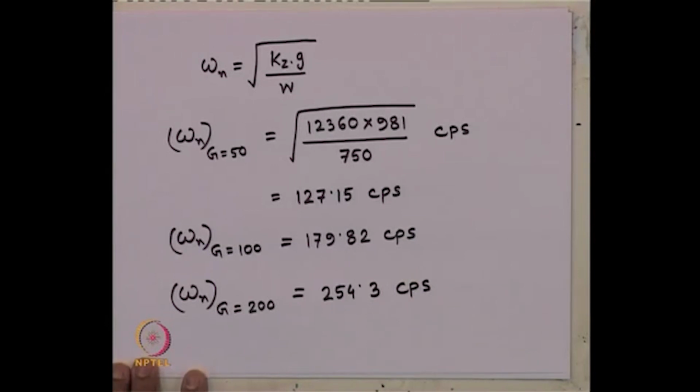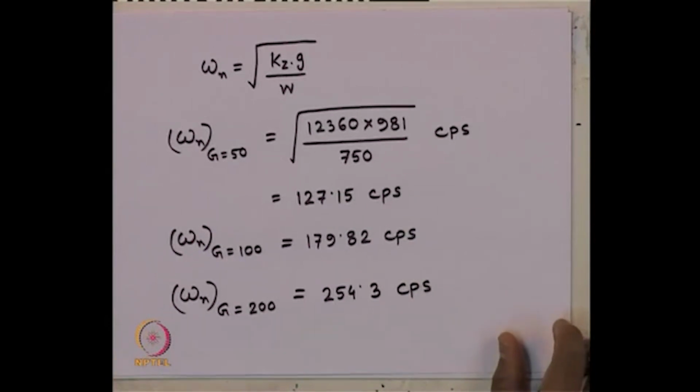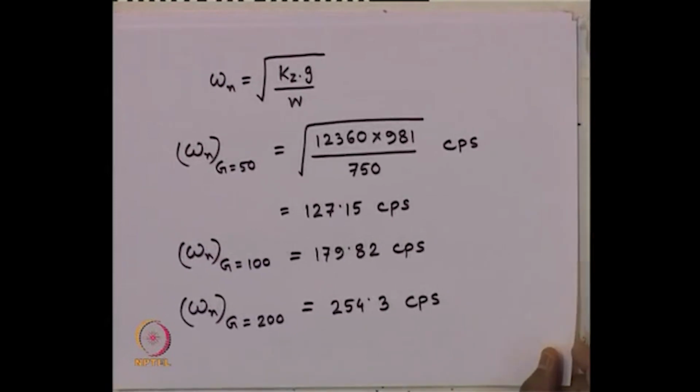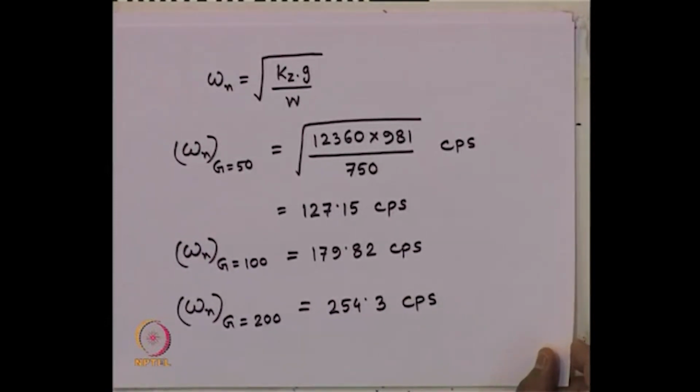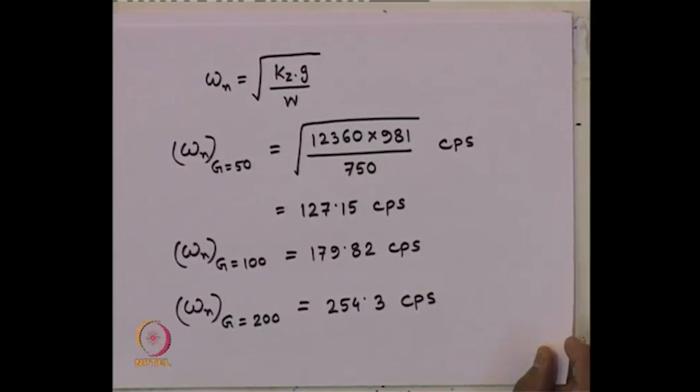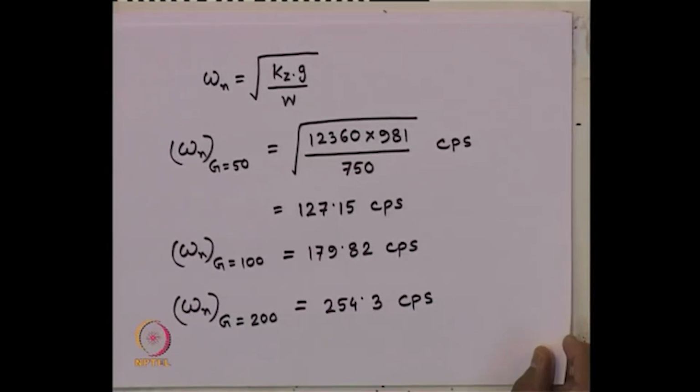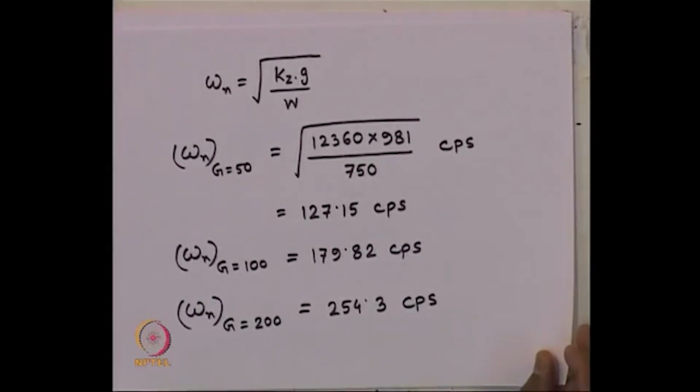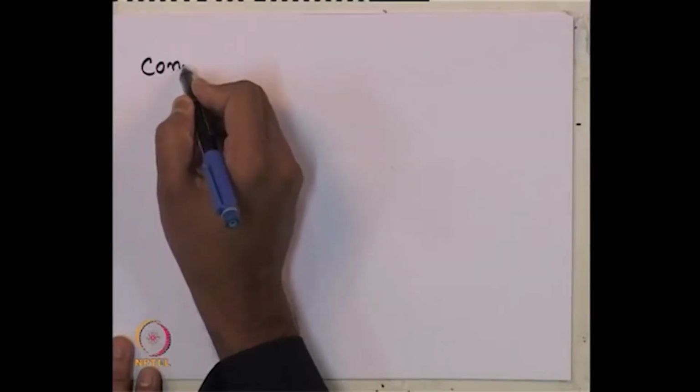So, we have computed the natural frequency also. Now, we have to solve this problem for two different cases. One is constant force type excitation and another one is rotating mass type excitation. So, let us start with constant force type first.